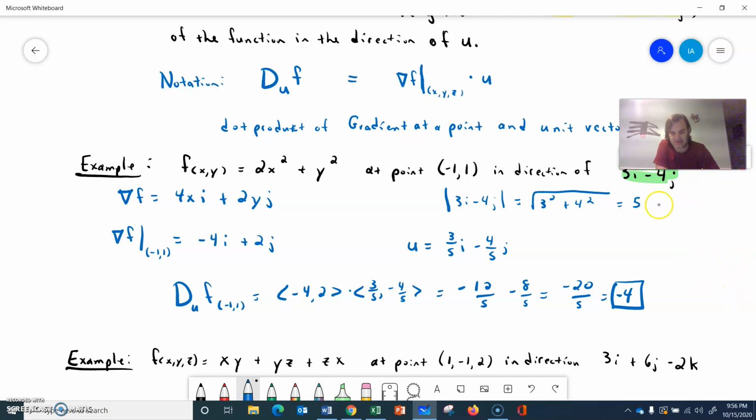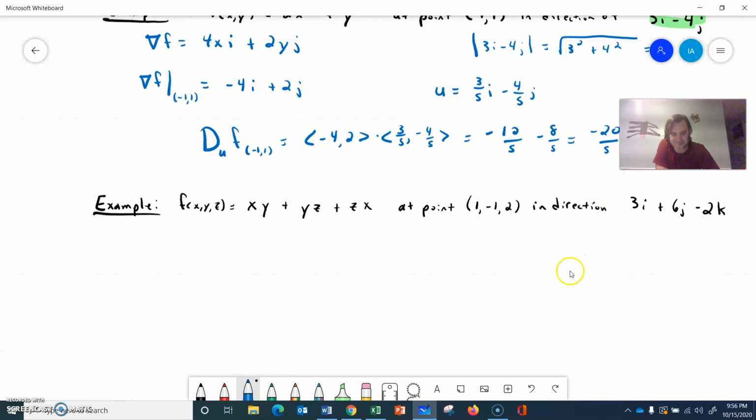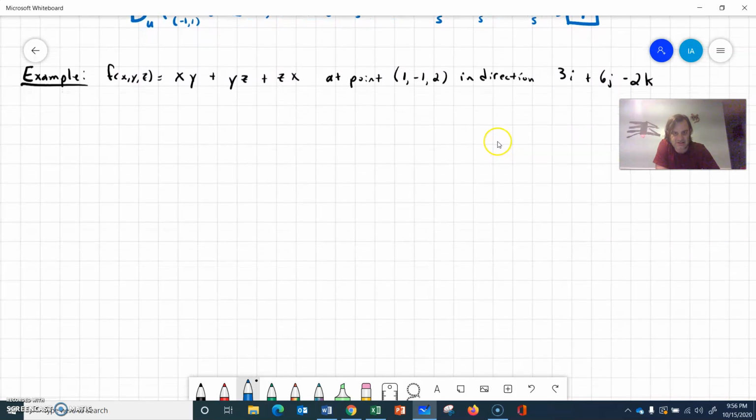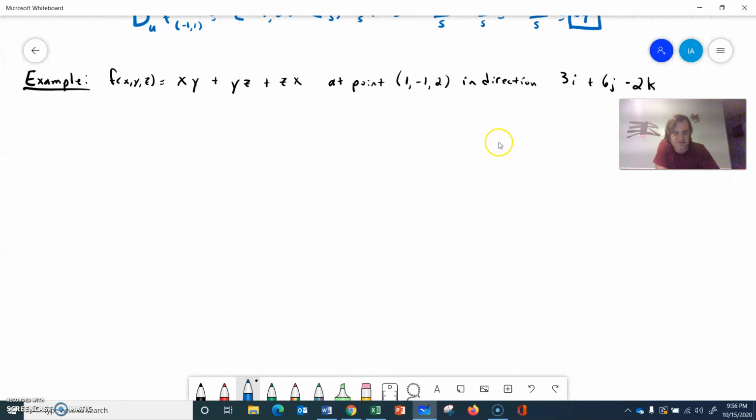Alright, so let's see here. I've got another example down here we're going to do. This one has f of x, y, z equals xy plus yz plus zx. First of all, we're going to do the gradient of that. The i part of the gradient will be y plus z. The j part will be x plus z.